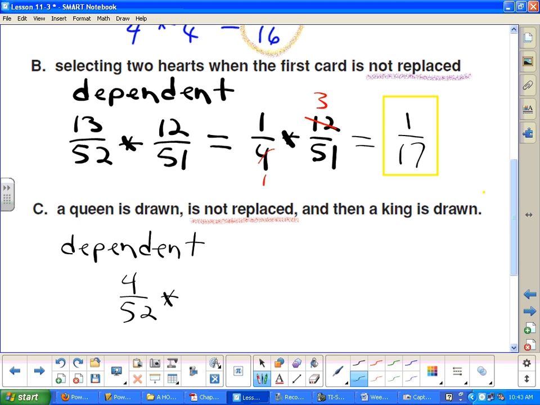All right, so now it's not replaced. How many cards do I have now? 51. How many of them are kings? 4. So we get whatever that reduces to. 4 out of 663.